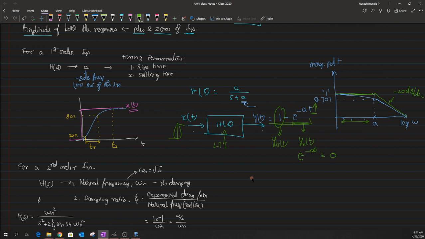One can also make this natural response die out faster, provided this value of a is large. What I really mean by a large value of a is that I have to have a large pole or a large bandwidth in my system.